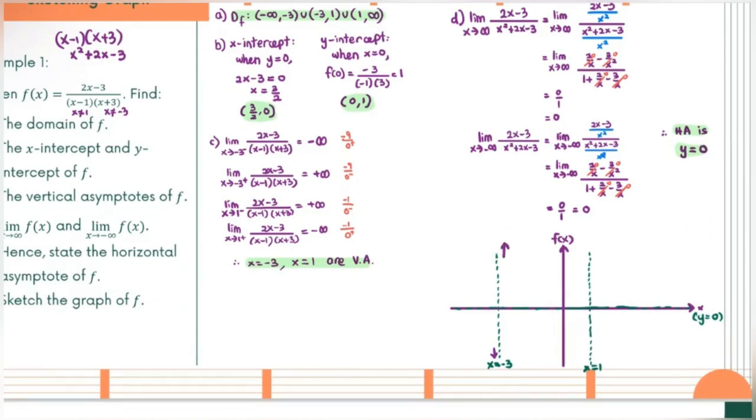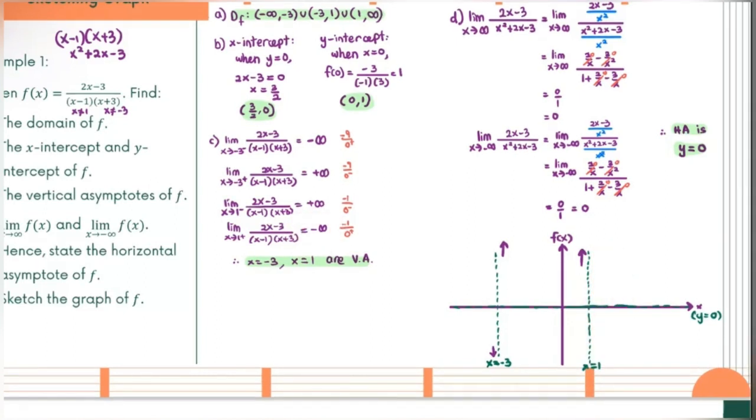Okay, kemudian as x approaching 1 from the left, ni 1, so 1 from the left adalah kawasan sini. Okay, so apakah value of y kita? Y kita adalah positive infinity, so dia akan naik ke atas. Alright, dan as x approaching 1 from the right, so 1 from the right adalah di sini. Our value of y will be approaching -infinity. Kita akan ada dekat bawah ni.